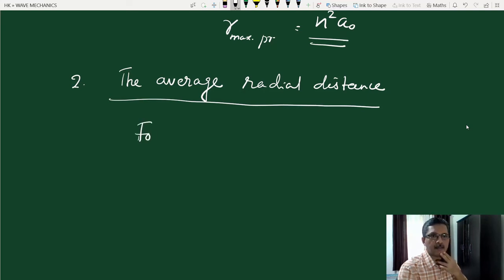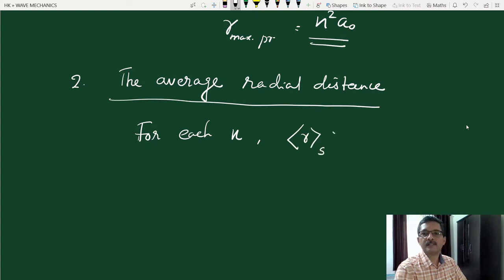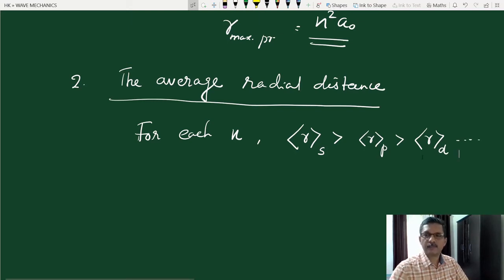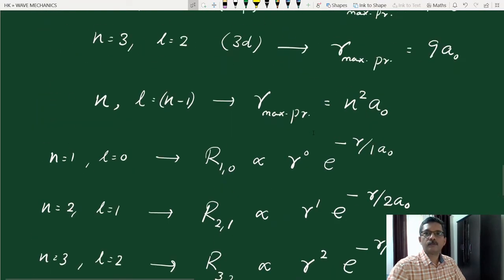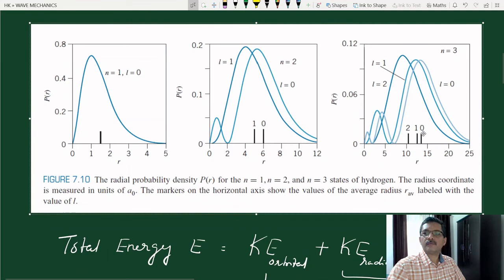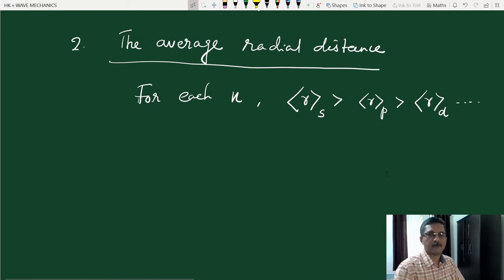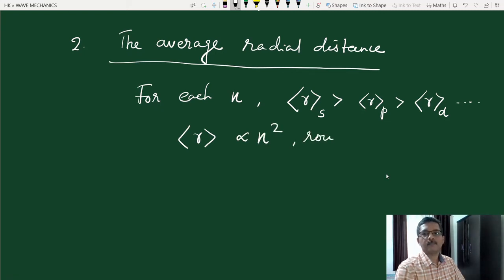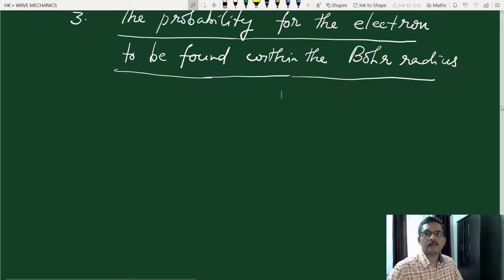So for each n, the average radial distance for s state is greater than that for p state, which is greater than that for d state, etc. If such states are all available, as in the case of the 3n state, the s state is greater than the p state, then greater than the d state, but still these values are close together, and roughly the average radial distance varies as n square, not exactly.